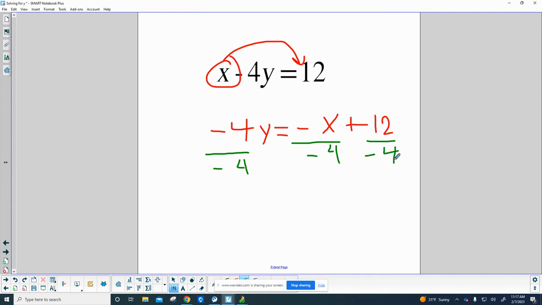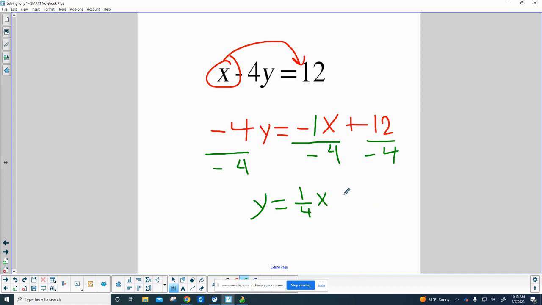And we recognize that in front of that x is a 1, so that's going to be important. So negative 4 divided by negative 4 is just 1y, so we get 1y here. And negative 1 over negative 4, the negatives cancel, leaving us with just 1 over 4x.